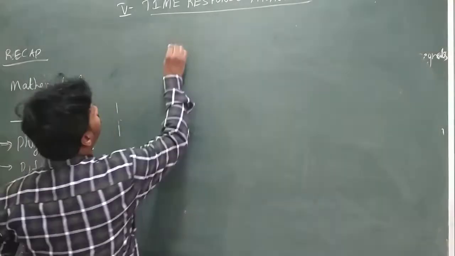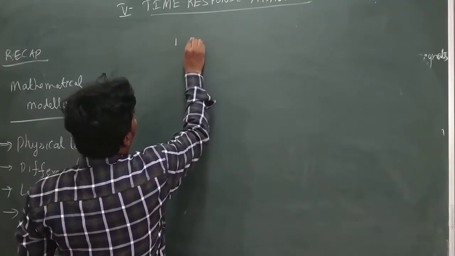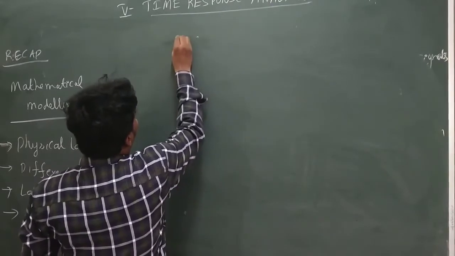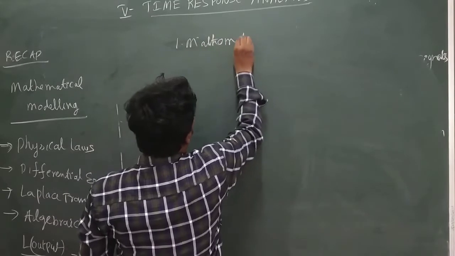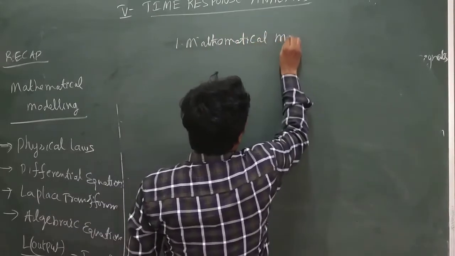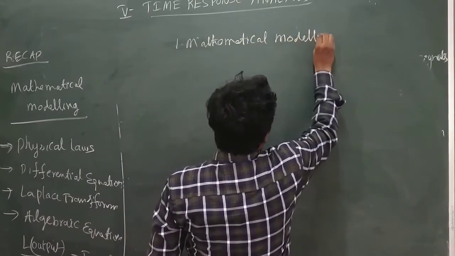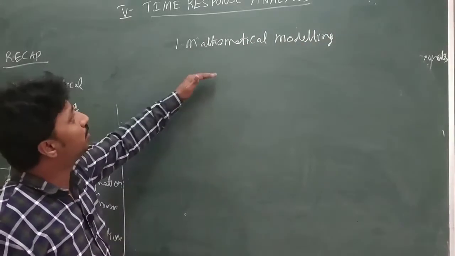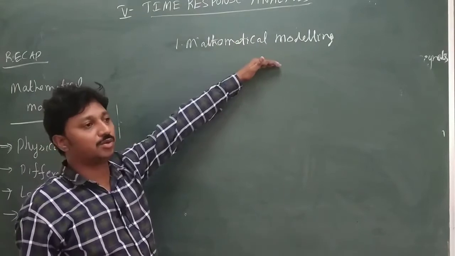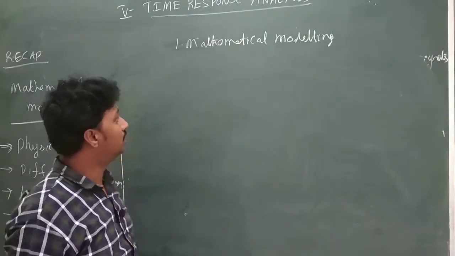The first thing, you need a mathematical modeling. Once you get a mathematical modeling, you are able to analyze the system as given before in examples, right?